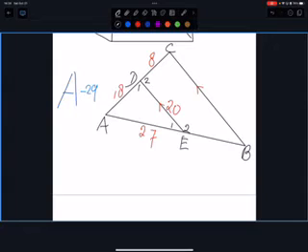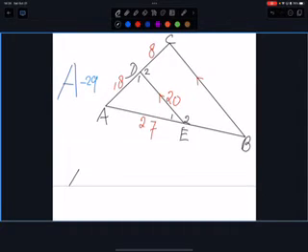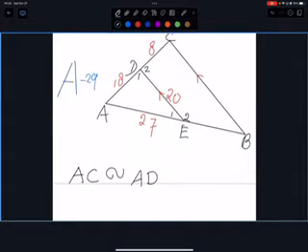When I look at this specific triangle, AD represents an enlargement of the length AC. Meaning that AC is an enlargement of AD.